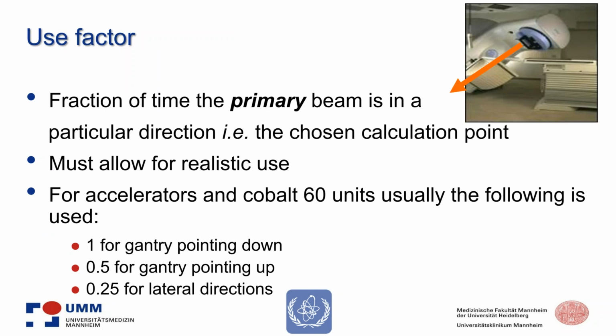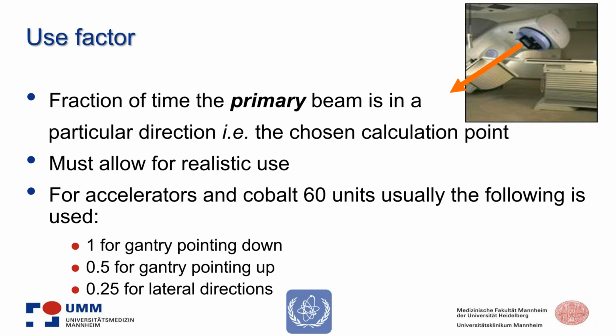From this I go ahead with explaining the factors which have an impact on this calculation. The fraction of the primary beam in the particular direction, and you see this is from an older version of this report. They have a use factor of 1 for 0 degree. That means the gantry is pointing down. 0.5 for 180 degree. That means the gantry is pointing up.